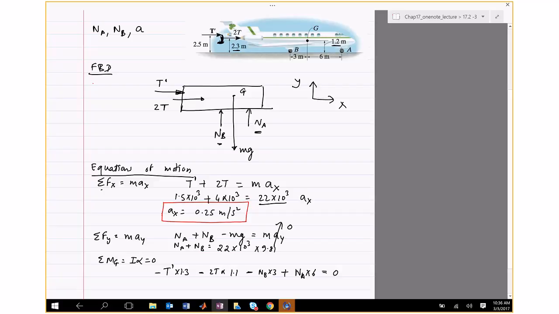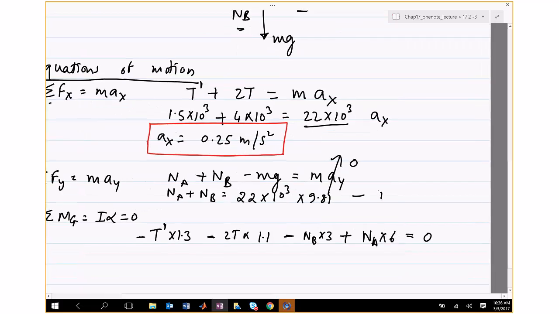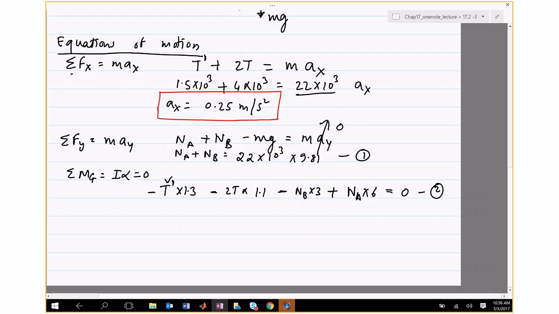So now we have one and two, which are two equations in two unknowns. Why is that so? Because we know T prime, we know what 2T is, so we don't know these two things, NA and NB.